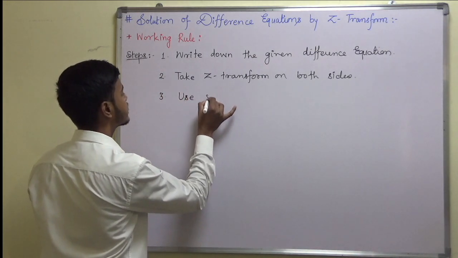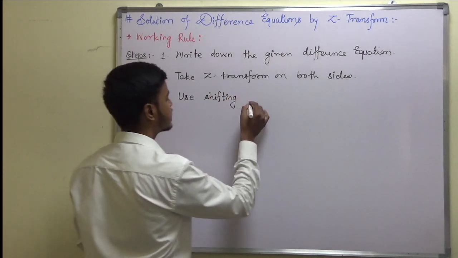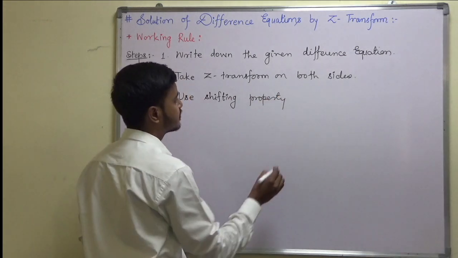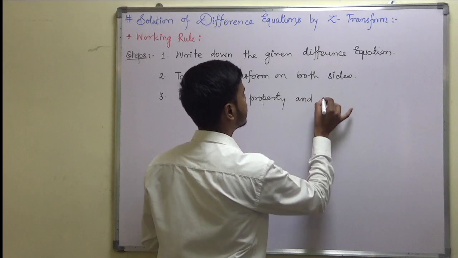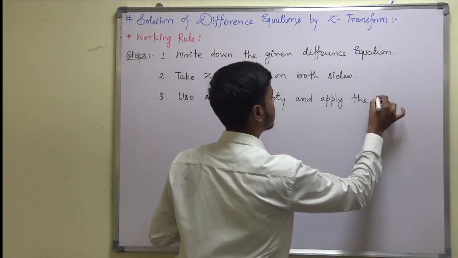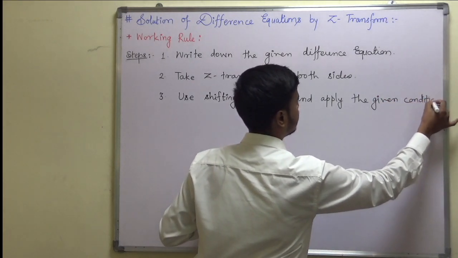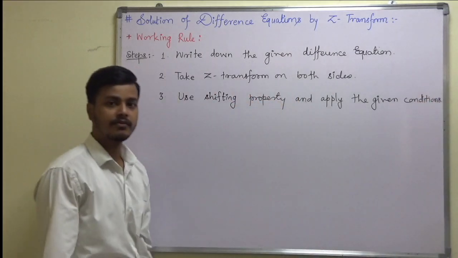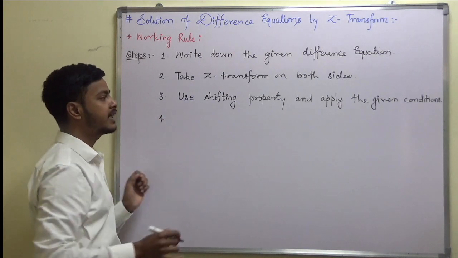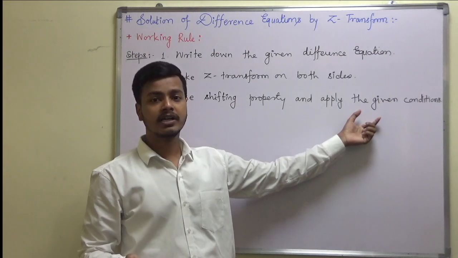Use shifting property and apply the given conditions. And when you apply the shifting property, after that you have to apply the given condition that would be given to you in the problem.